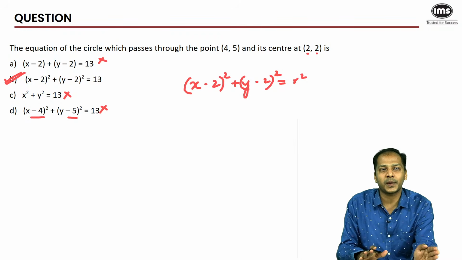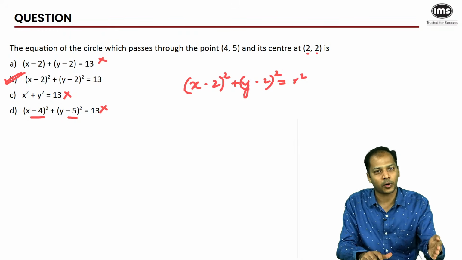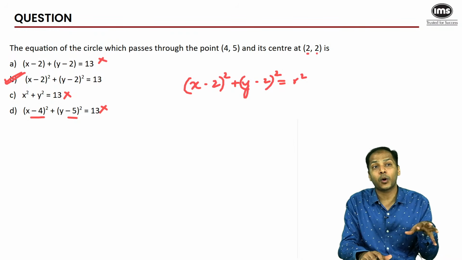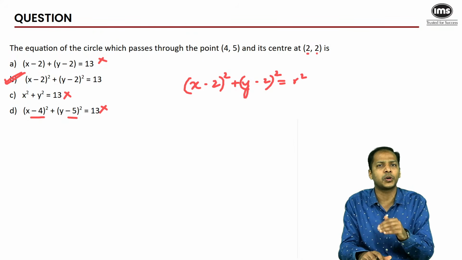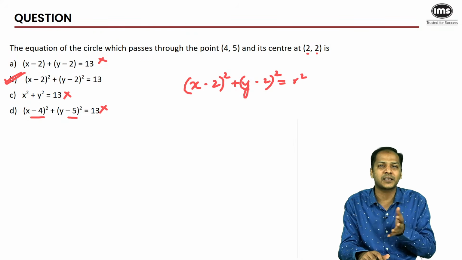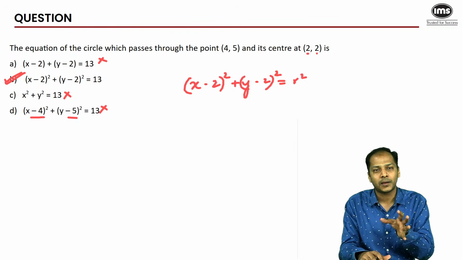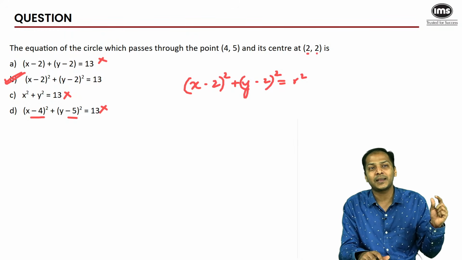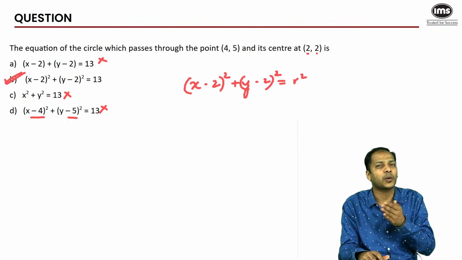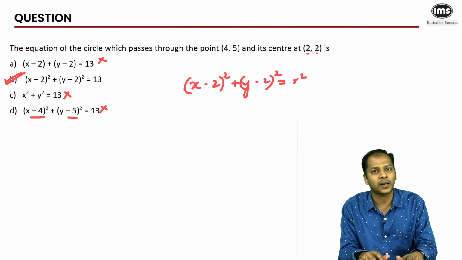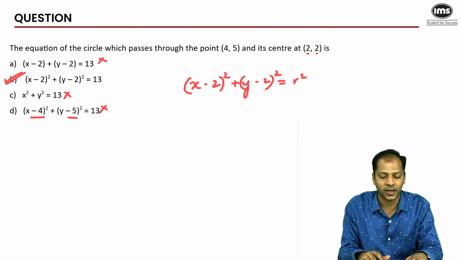I strongly recommend that you revise your concepts of coordinate geometry, the basic formulas of coordinate geometry, the basic sine, cos, tan properties, the identities, the simple identity sine square theta plus cos square theta equal to 1, and the heights and distances part, and all the trigonometric ratios, the 30, 60, 90 and 45, 45, 90 triangles, and sine, cos, tan, all the ratios from the table that you have. I'm pretty sure if you cover that much, you should be able to handle questions based on trigonometry and geometry.